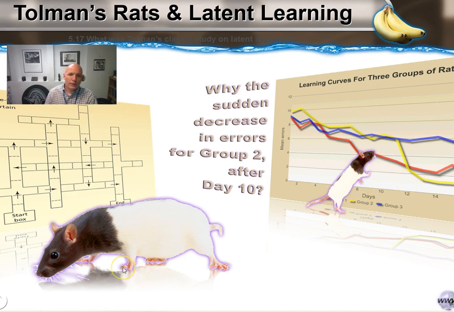Tolman, from this, concluded that they had learned the maze all along. They knew how to go fast through the maze, they just weren't reinforced. So he said that learning can occur without performance. This was an important statement in psychology because behaviorists were saying learning can only be tracked with behavior. So this was a big movement for the study of thoughts.